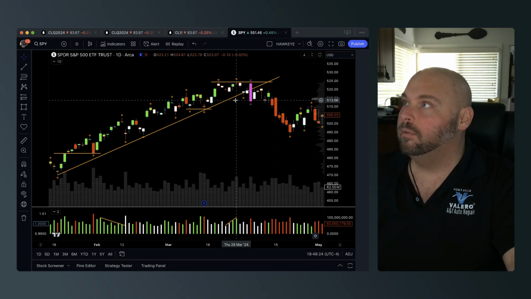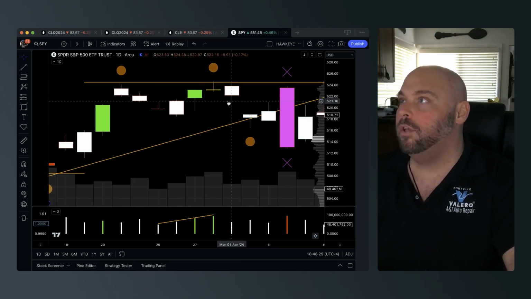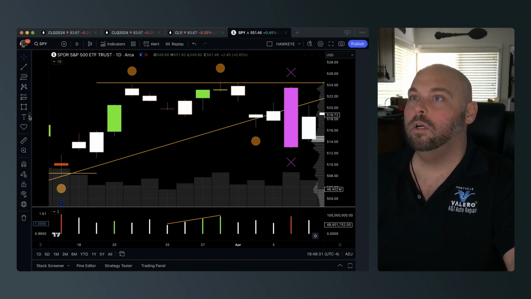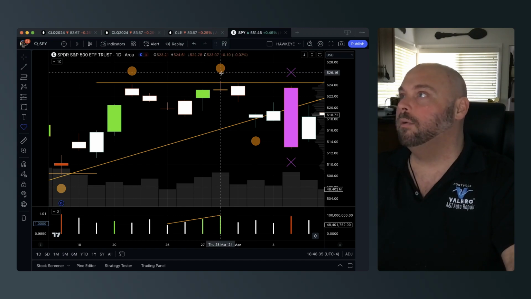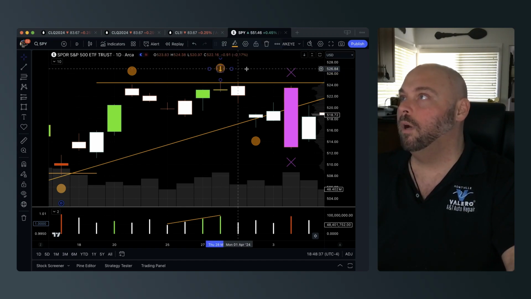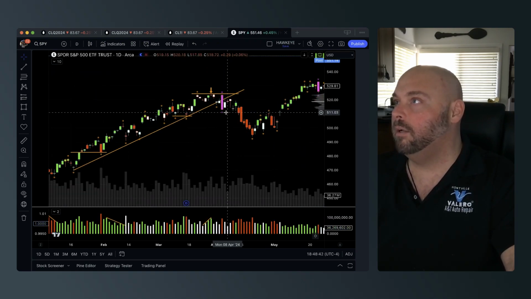But look at this candle. I'm going to zoom in. Does this candle right here look strong to you?